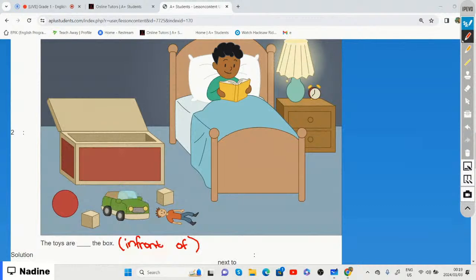Or if you want to, you can also say it is next to the box. So we can either say it's next to the box, or we can say it is in front of the box. Because next to basically just shows where the toys are in relation to the box, or we can just say it is in front of.